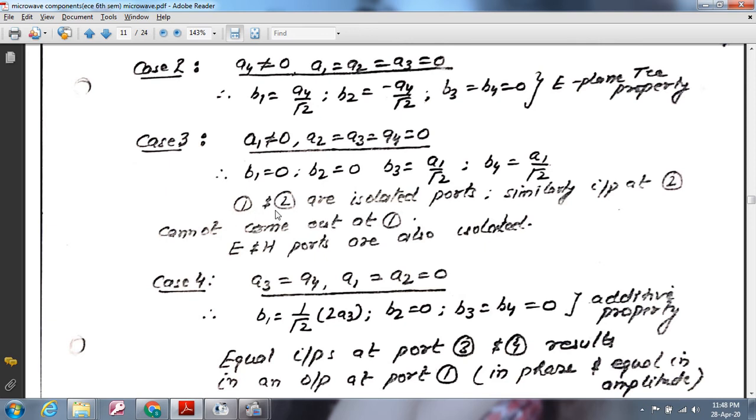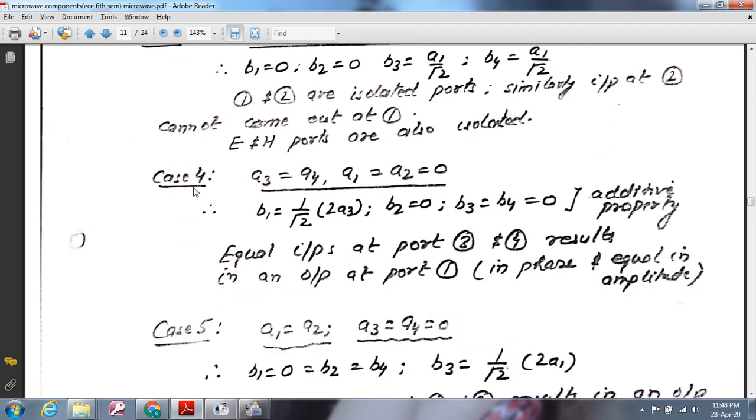Means 1 and 2 are isolated ports. Similarly, input at 2 cannot come out at port number 1. E and H ports are also isolated.